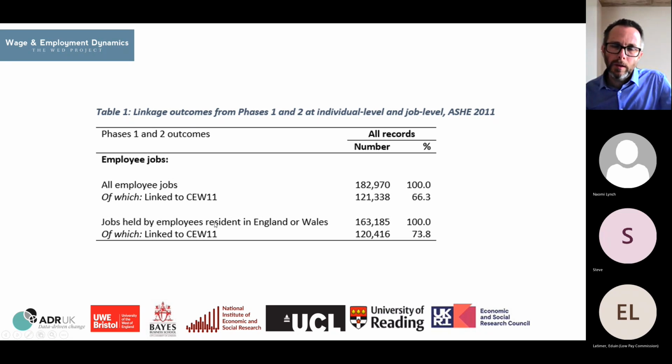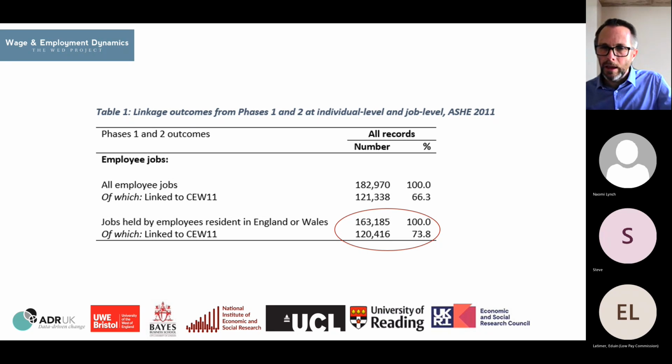So a better base for working out the linkage rate is to focus initially on all those people in ASHE who were resident in England or Wales. They're recorded in ASHE as being resident in England or Wales, and that's 163,185. Of those 163,000, 120,000 get linked to the census as a result of the two phases of linkage.